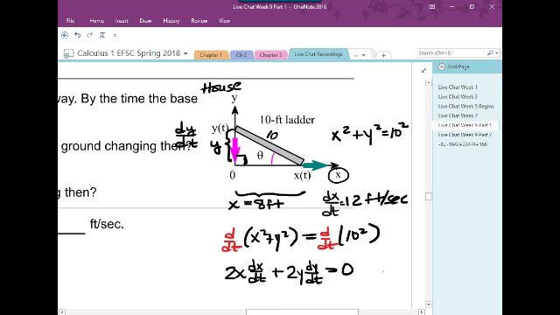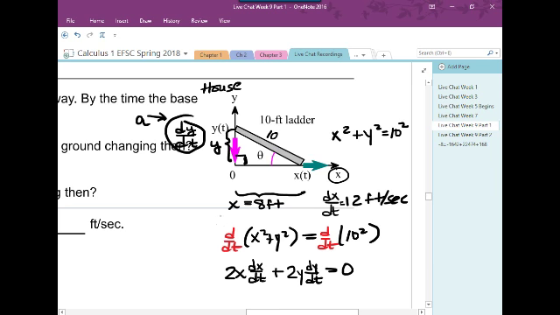And now we want to plug in everything we know and find what we're looking for. Okay, so what are we looking for? In part A, it says, what's the rate of change of the height of the top of the ladder? Right, so in part A, we're actually looking for dy dt. That's the rate of change they're describing.